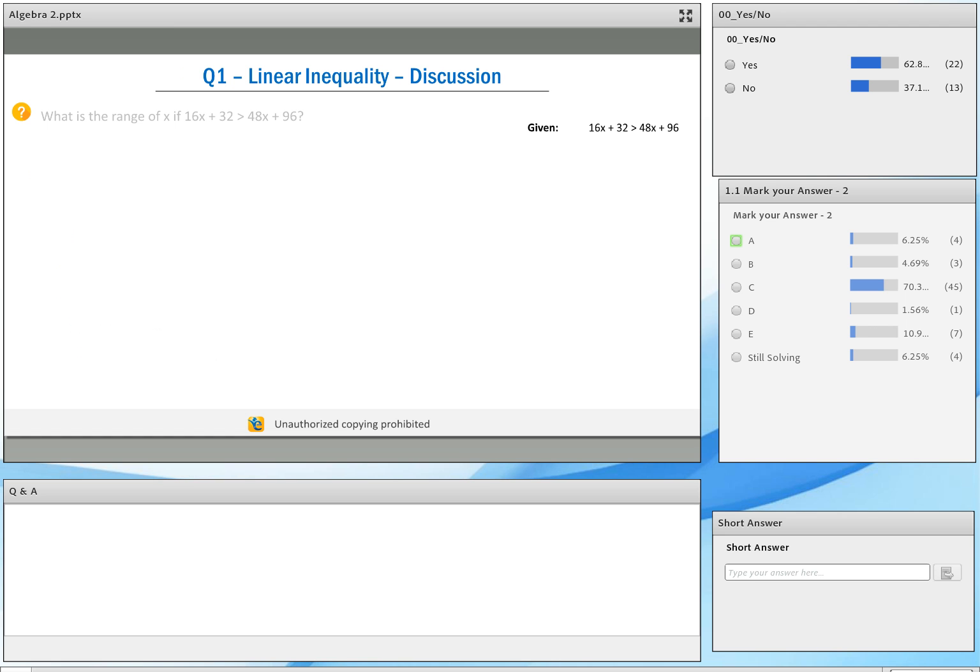So again, over here, you've been given this linear inequality. You need to find the range of x. There's no constraint on the value of x. And again, just make a note of how I am explicitly stating, explicitly looking for constraints. That's very important, okay? In this case, I read the question statement and I realize there is no constraint on the value of x, which is good.